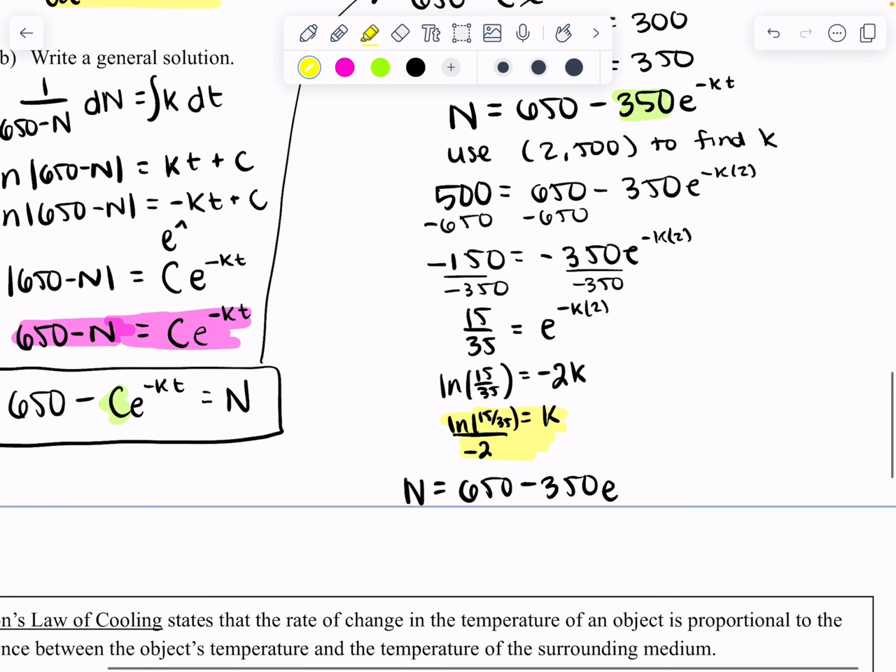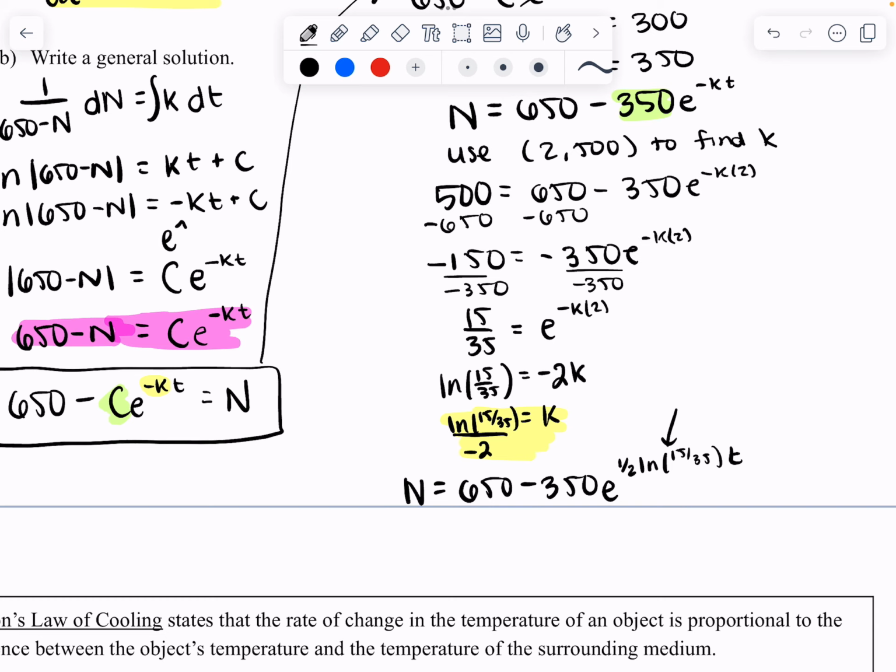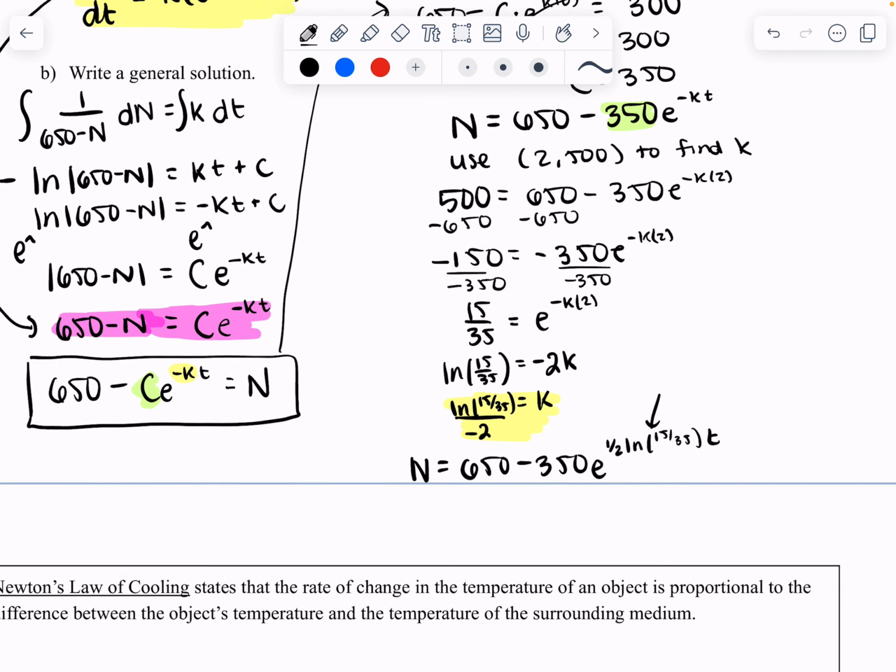But in our general solution, this was a negative k. And so actually, we have a positive value here. We have a positive 1/2 natural log of 15/35. If we are dealing with exponential growth, then the value that you have here should be positive. So that's a good thing to check for. So this is our particular solution.